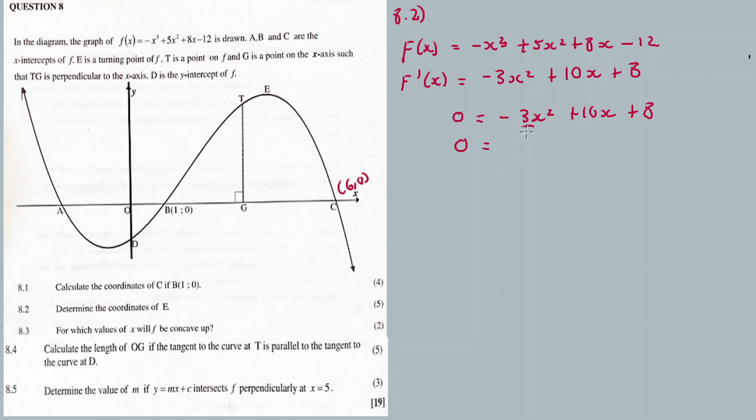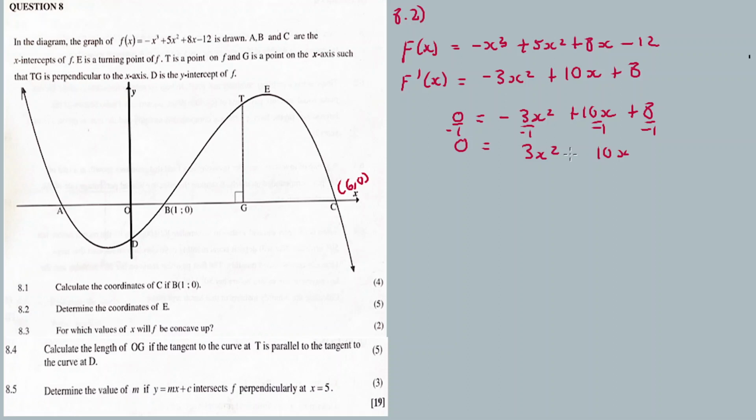So here divide by minus 1, you're using the factoring method again. You have 3x squared minus 10x minus 8, no it's not plus here, it's negative here.